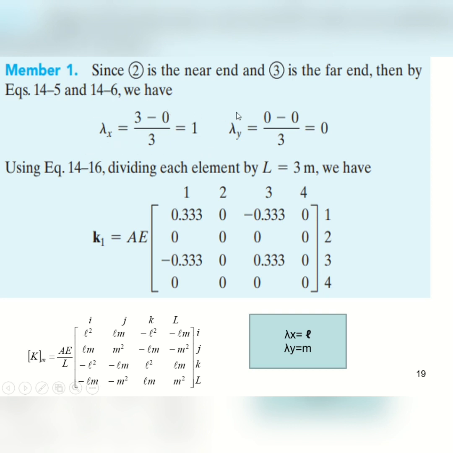This equation is lambda x. Initially you just have to remember that lambda x is equal to l and lambda y is equal to m. Some books use lambda, and in other books we use l, so you must remember these two terms. We know that l is equal to x2 minus x1, and m is equal to y2 minus y1.